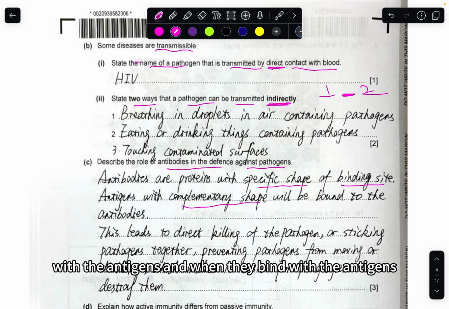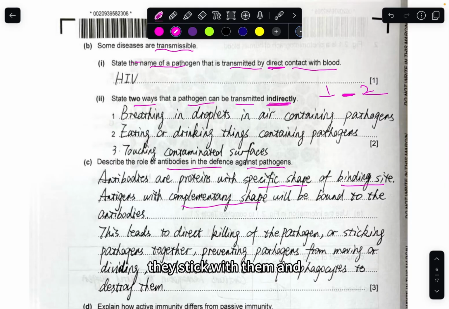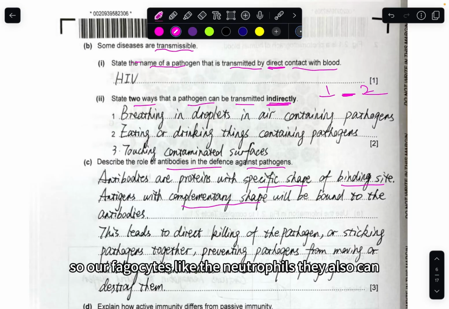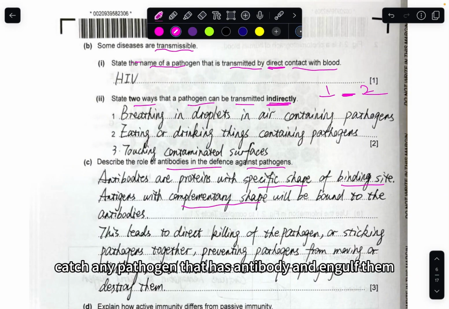When they bind with the antigens, they stick with them, and then they can destroy these pathogens. It is also easier for the phagocytes to destroy them. So our phagocytes, like the neutrophils, can catch any pathogen that has antibody and engulf them.